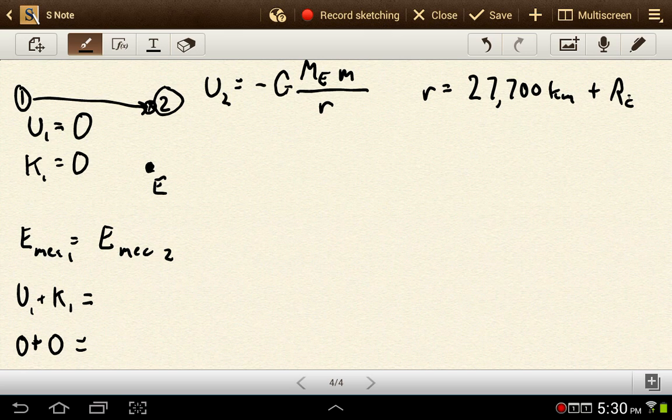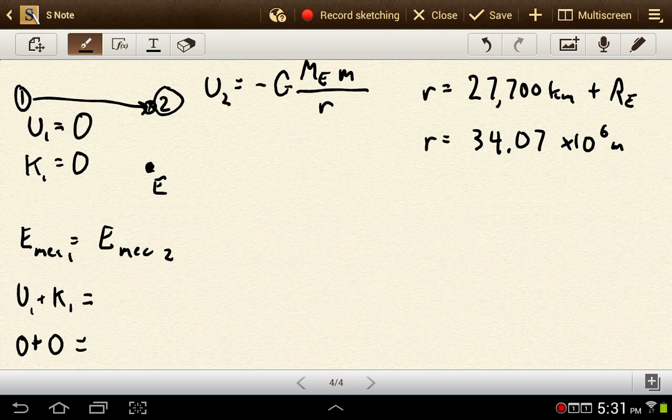So you actually have to add in the radius of the Earth: 6,371. So r is going to be 34.07 times 10 to the 6th meters.